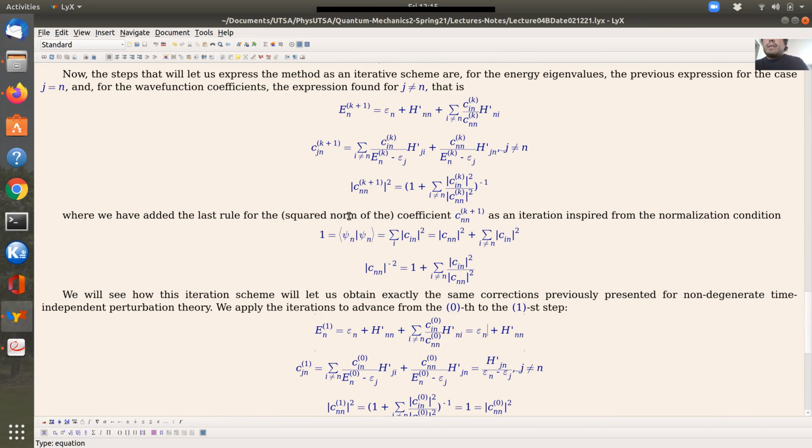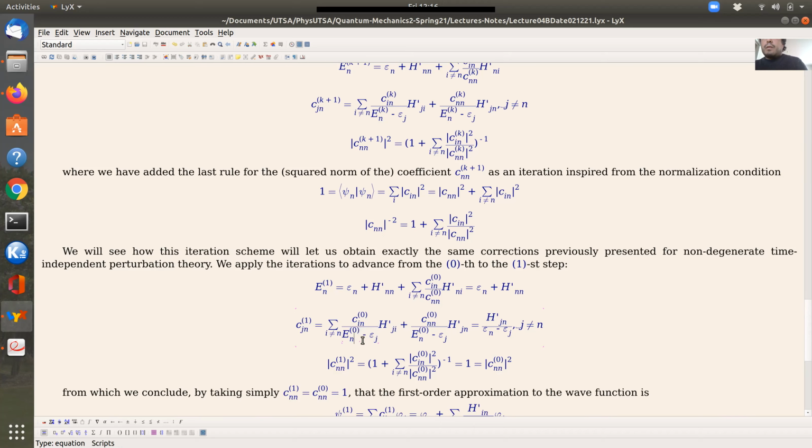The second part is basically, okay, I take k equal to 0, so C_jn^(1) is equal to this sum of C_in^(0), where i is not equal to n. So clearly these terms are going to vanish. Now I have the non-degenerate case, so this is not vanishing.